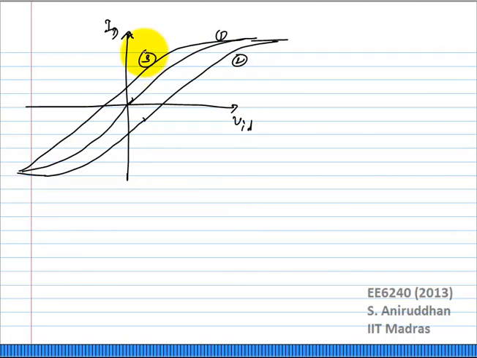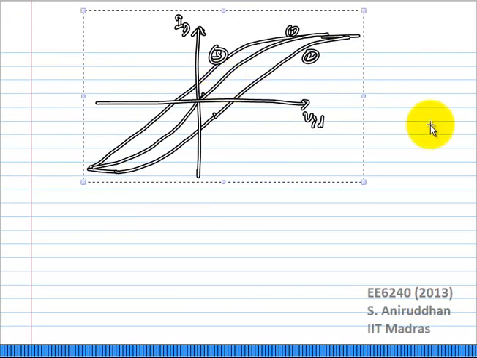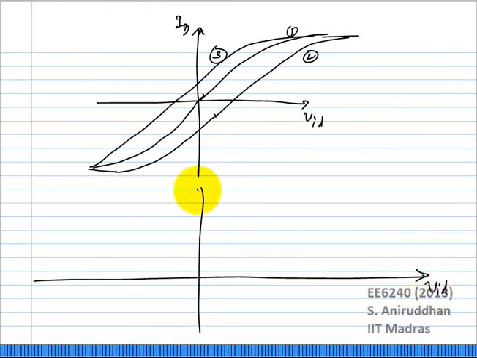And now if you actually plot the overall transconductance of this as a function of VIN.